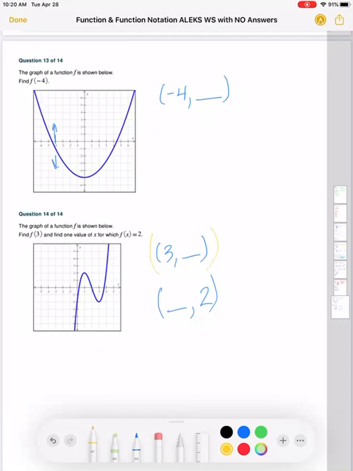When x is 3, that's this one right here, what is that y value? And then when y is 2, that's this line right here, what is your x value? Except I should say, what are your x values? Because this has 2 answers.